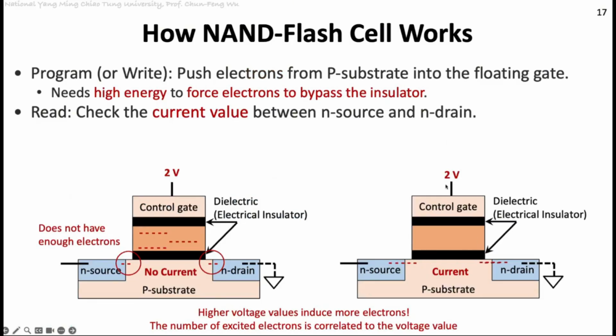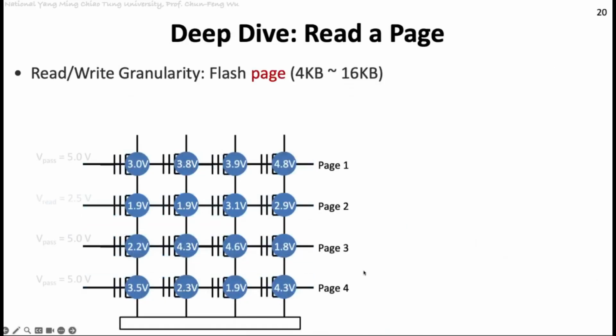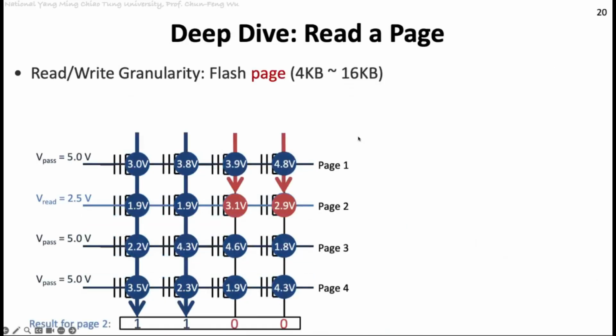And because 5 volt is so high, there are way enough electrons to generate a current and pass through from the N source to the N drain. Okay, so this is the reason why they use a higher voltage value for those other pages, to become all-on and pass the current.